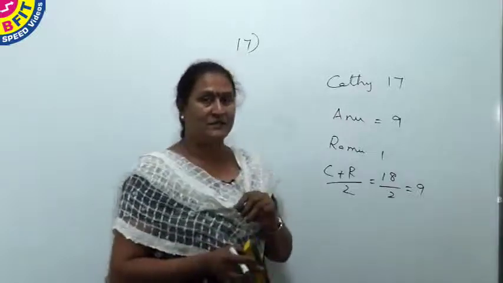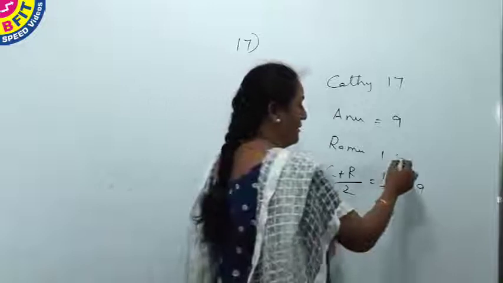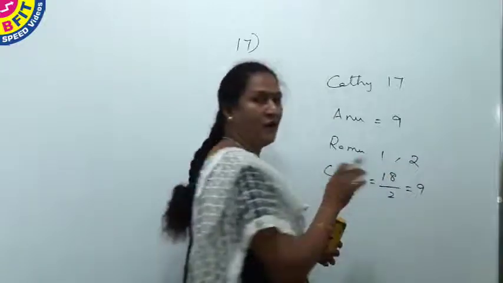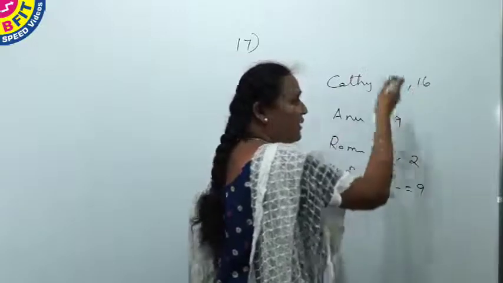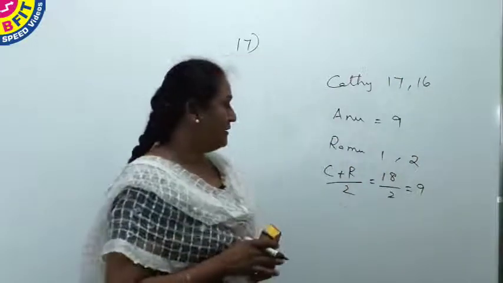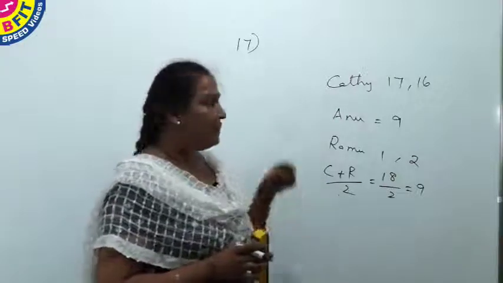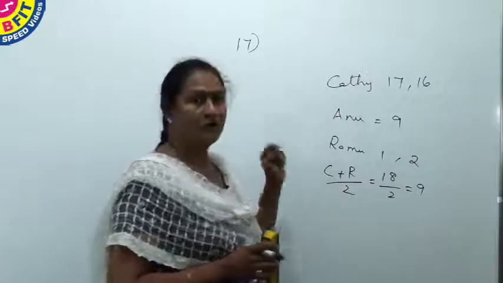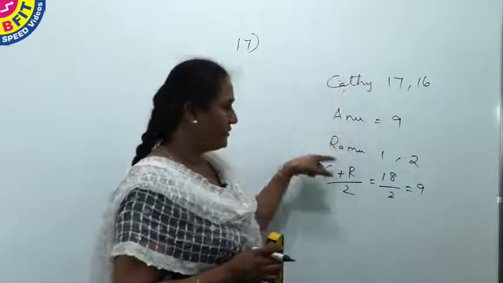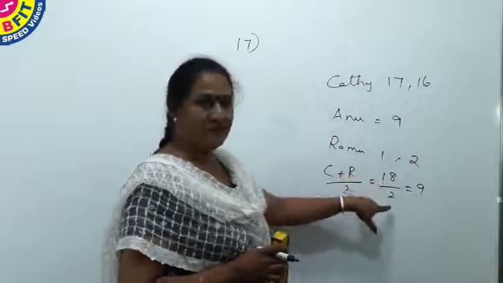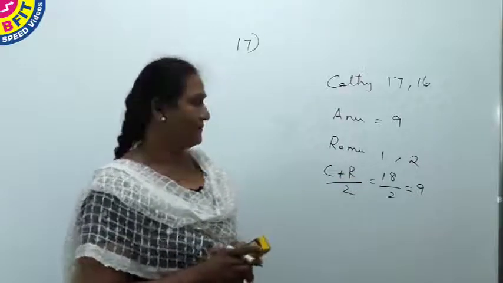Only the sum is given, so by adding, it is 18. If we take Ramu's age as 2, Kathy's age will be 16. Again we get the same 18. So unless details between Kathy and Ramu are given, we cannot find Kathy's age or Ramu's age. Here Anu's age is the average of these two, that is the sum by the number of persons, which is 9. So Anu's age is 9 years.